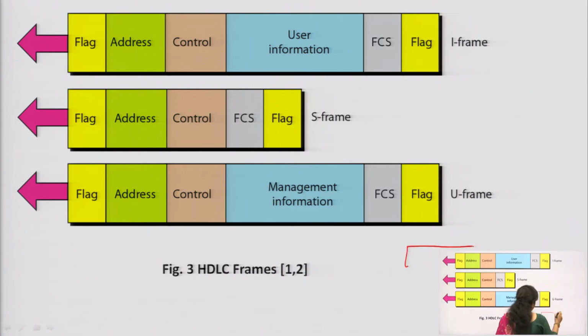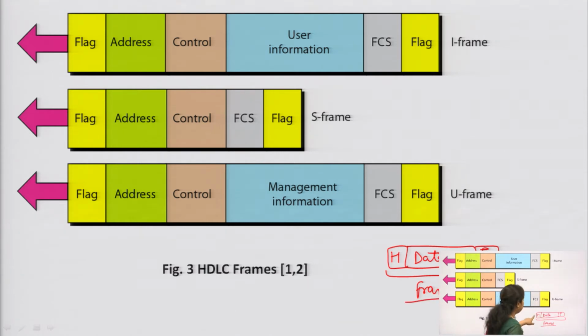In the simplest form, this is the data which you want to transmit to the next layer, then this is the header part and this is the trailer part. So, in the simplest way, this is known as a frame. You have formed a frame by adding the header information and the trailer information.